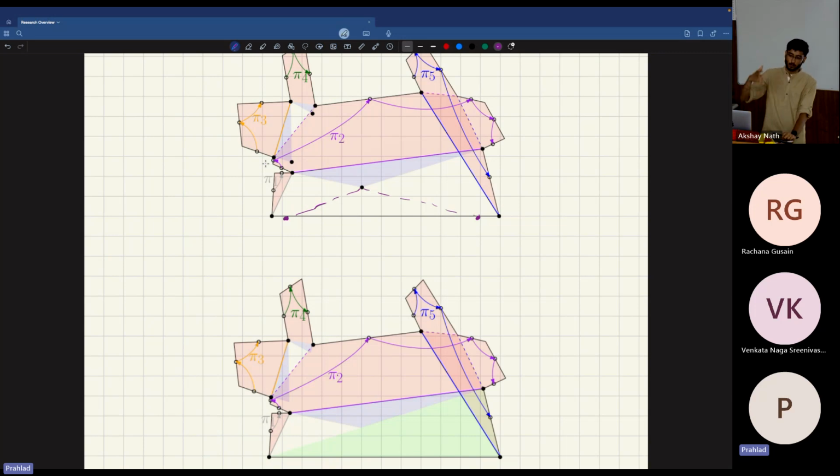So what we wanted was a nice way to maximally extend the convex polygons. We are given this, and I want to extend it so that it still remains convex. We weren't entirely sure how to do that in general, so we wanted to append something to the polygon so that it still remains convex.